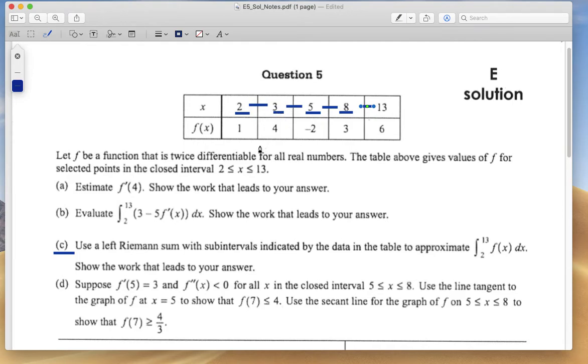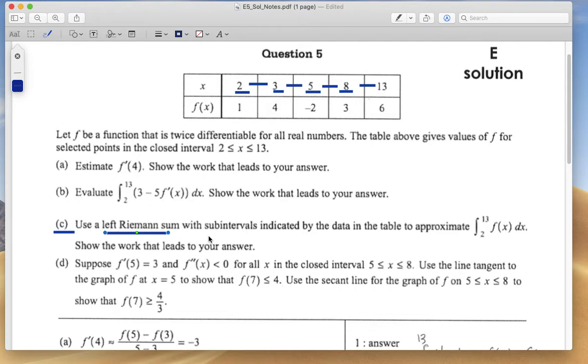So every rectangle is a height, which is, well, f of 2 for the first one, times delta x. Then f of 3, that's the height of the second rectangle, times delta x, and so on until you get to here and stop. Notice you'll never use the rightmost boundary of the interval because you're using the left boundary of each subinterval to find the height of the rectangle.